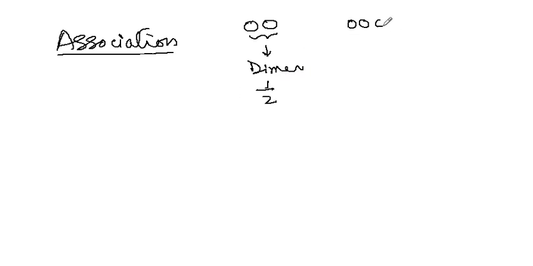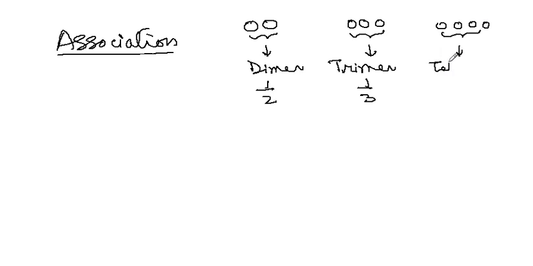Similarly, if three molecules associate, then we call it a trimer, and their concentration would decrease to 1/3. And if four molecules associate with each other, then we call it a tetramer, and exactly like the earlier case, their concentration would decrease to 1/4.